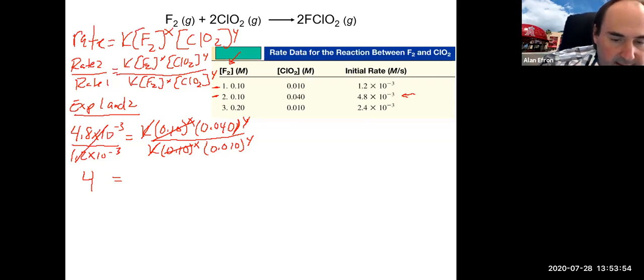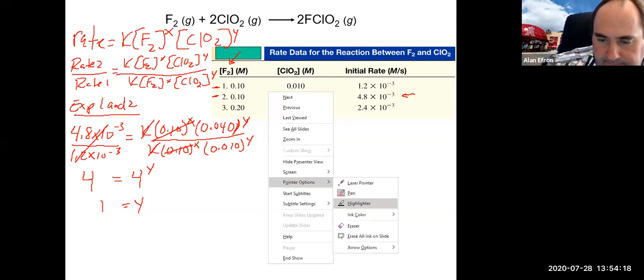But we have 0.04 divided by 0.01, which gives me 4 to the Y. You can easily figure out, hopefully, that Y equals 1. So the order with respect to ClO2 in this equation is first order.